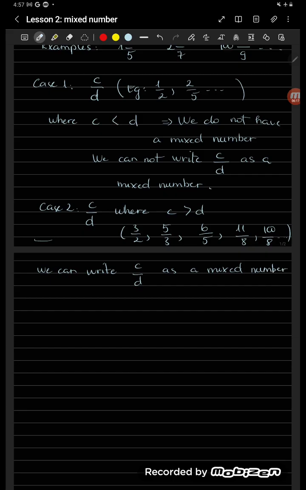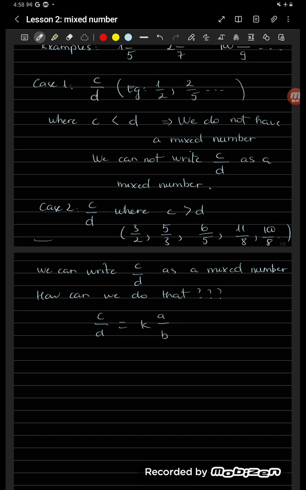How can we do that? How can we write c over d equal to k a over b? How can we write the fraction c over d as a mixed number k a over b?